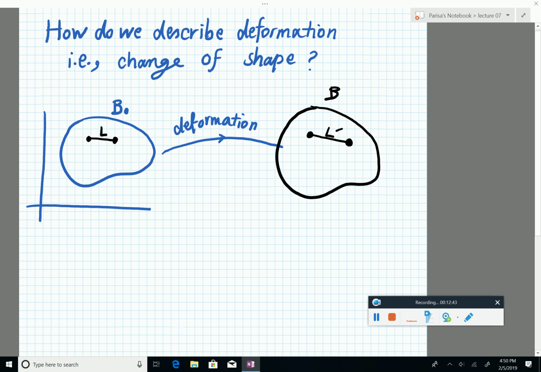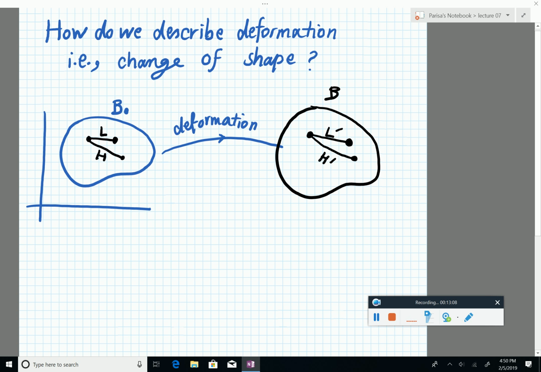And another thing that for deformation I need to look at is what? If I take another line and you have seen this before, guys, and I look at how it has deformed, what do I look?